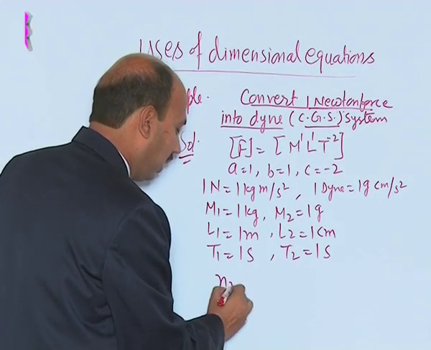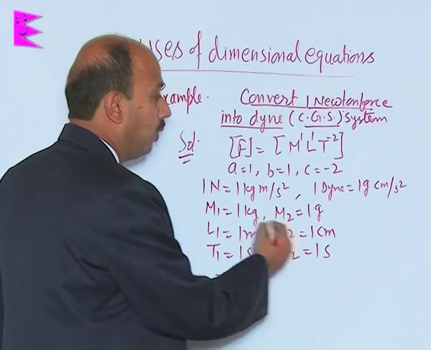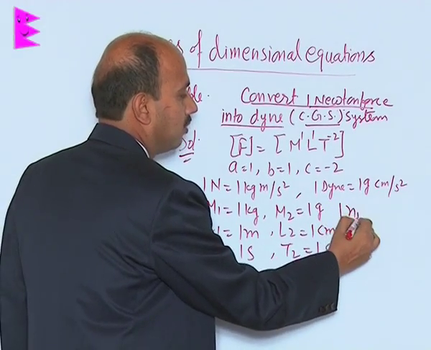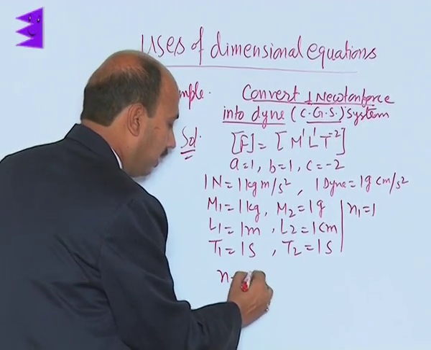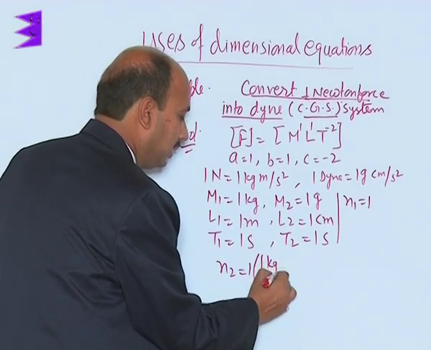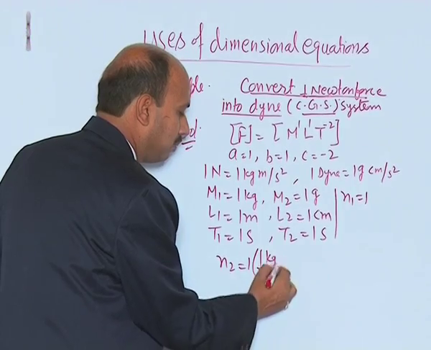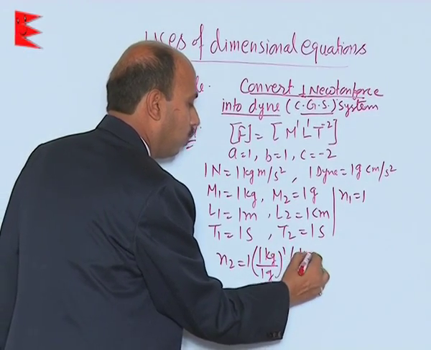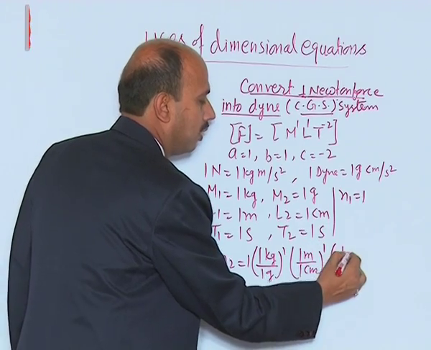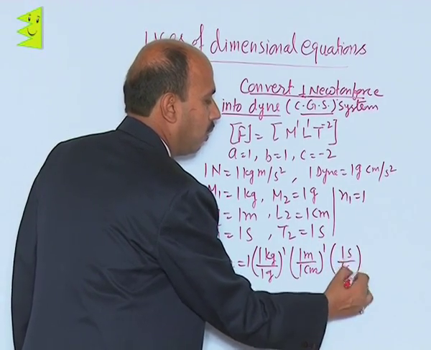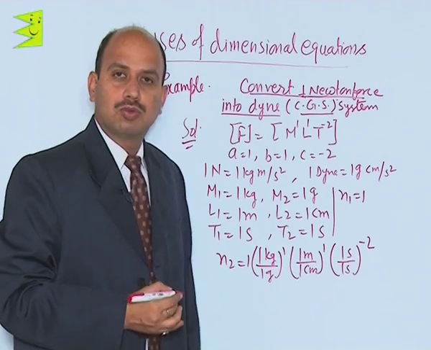Apply the formula, N2 is equal to N1, the numerical value given to you, which is 1 because it was 1 Newton. You can write 1 into (1 kg divided by 1 gram) raised to power 1, (1 meter divided by 1 centimeter) raised to power 1, (1 second divided by 1 second) raised to power minus 2.